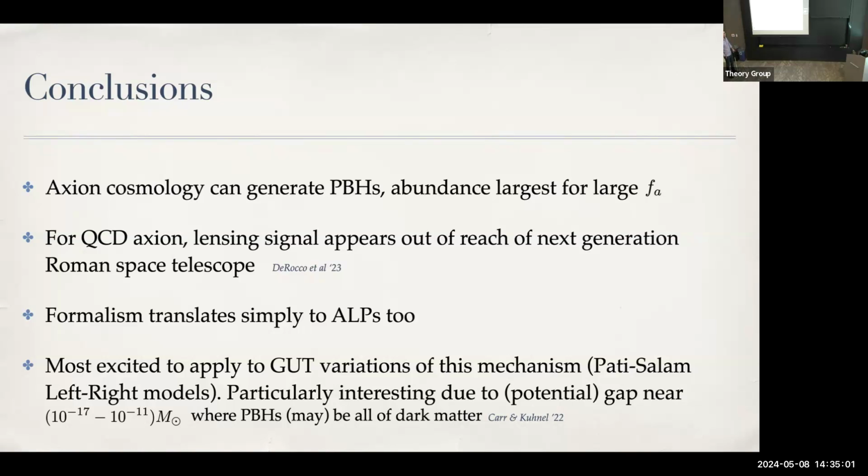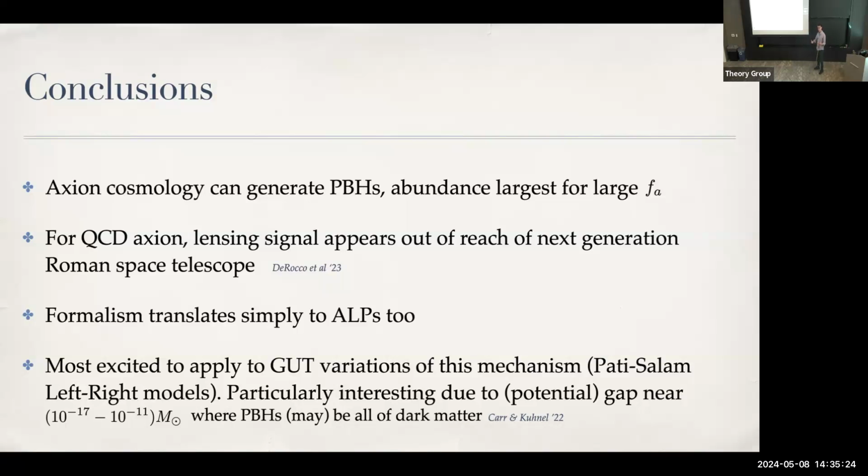And what I was telling KSK earlier is that I'm actually most excited to apply this not to QCD axion models, but to other models, for example walls and strings in grand unified theories, where you can generally get much smaller mass PBHs because the horizon when these walls form can be much earlier in time.